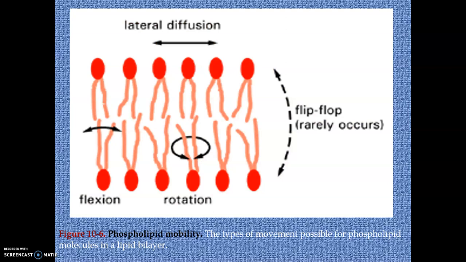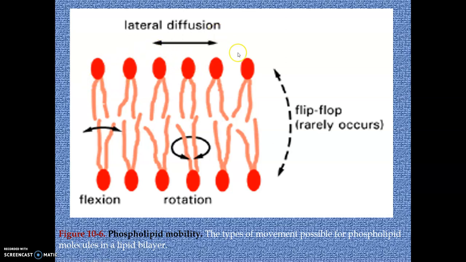And another aspect of the membrane is lateral diffusion. We know that the membrane is made up of phospholipids, and these phospholipids can flip or flop their position. That is, they can undergo lateral diffusion normally. This phospholipid can move and come to this position.